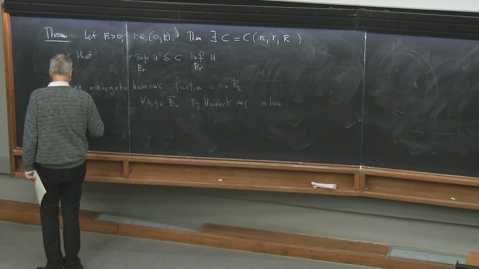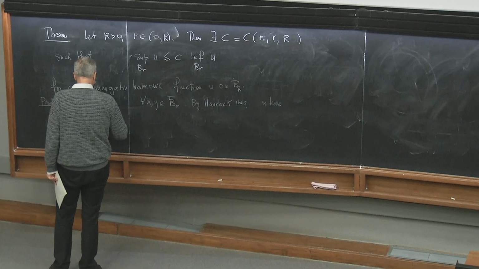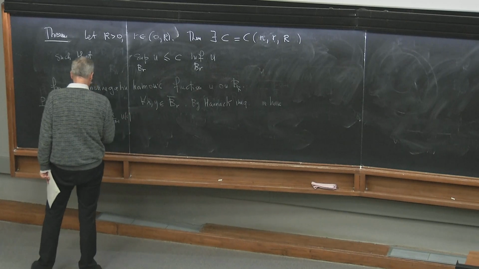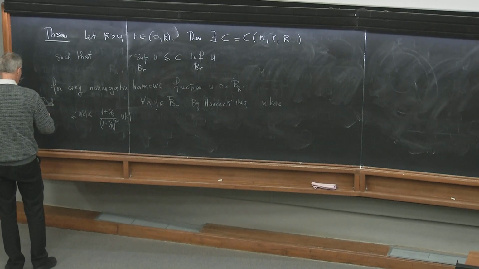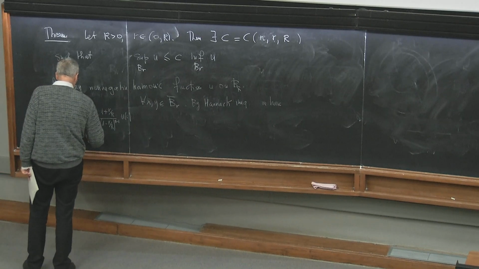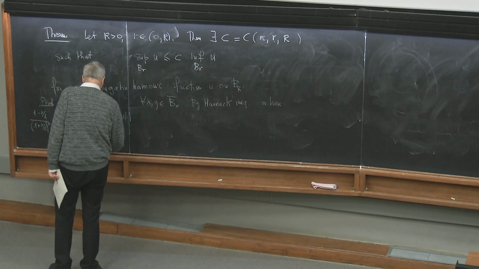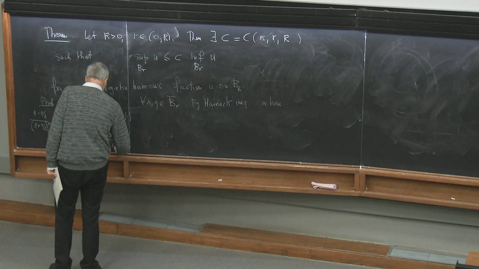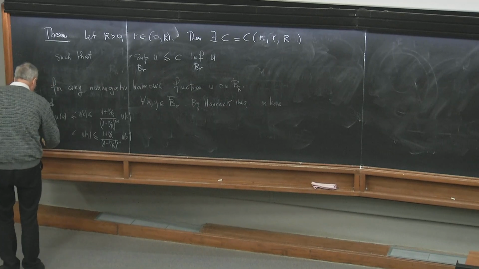So u of x less than or equal to 1 plus r over R, over 1 minus r over R, times u of 0, larger or equal than 1 minus r over R over 1 plus r over R times u of 0, and the same inequality for the point y. So we have these two chains of inequalities.